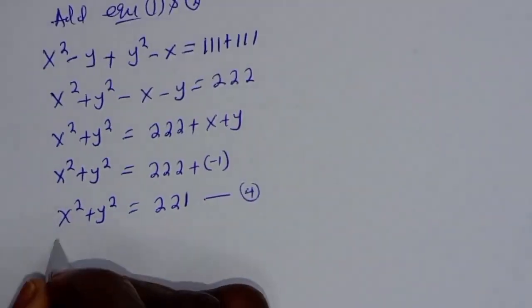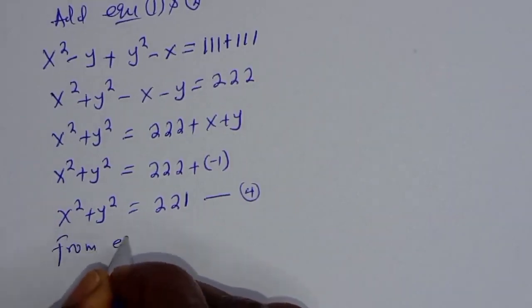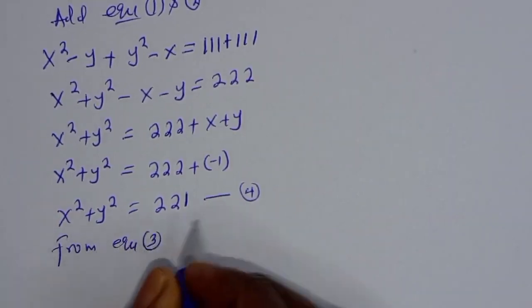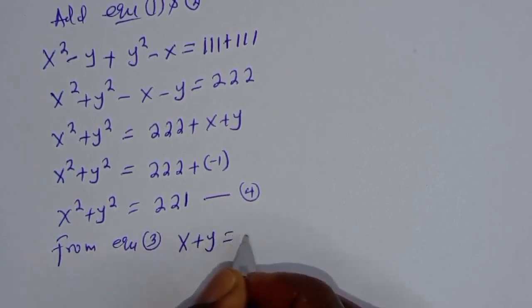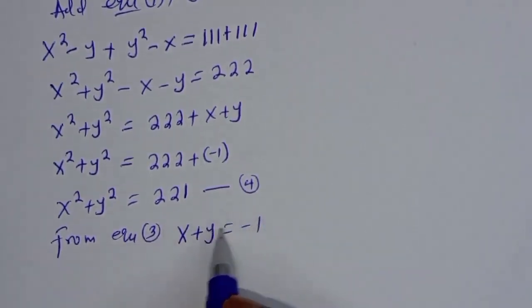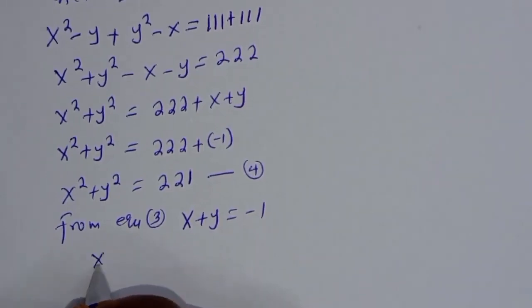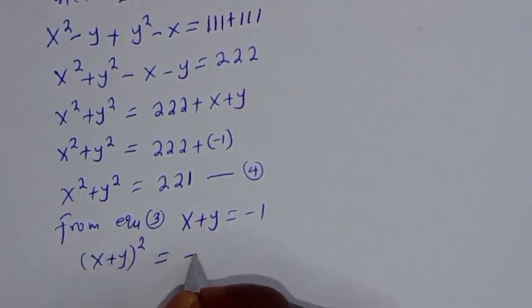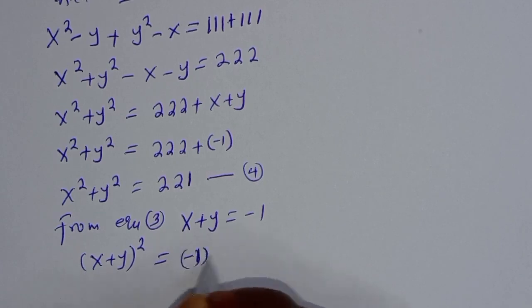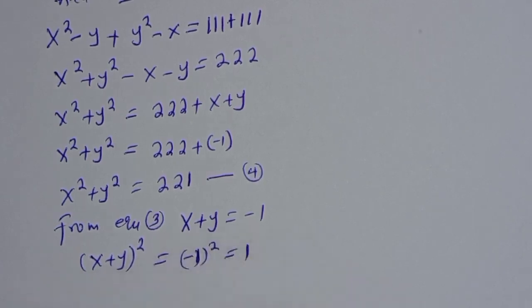From equation 3, that is x plus y is equal to minus 1. Let's square both sides. x plus y squared is equal to minus 1 squared. This is equal to 1.